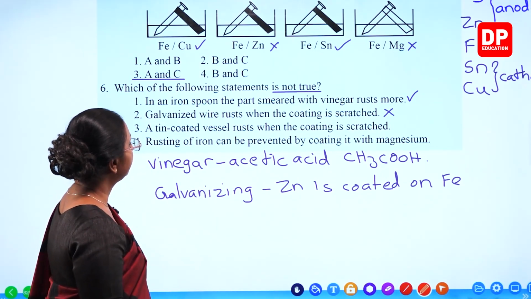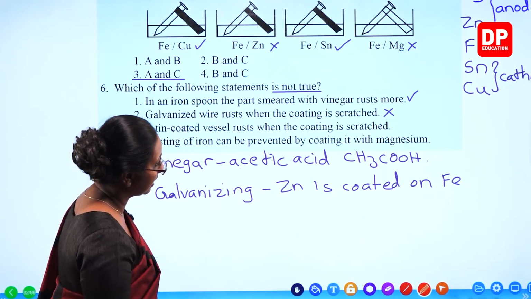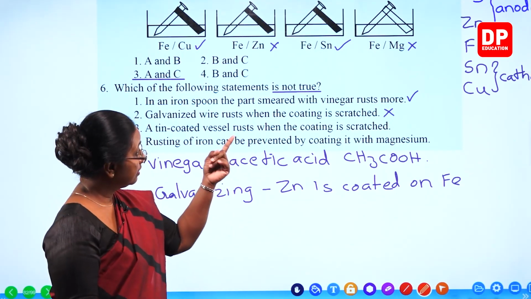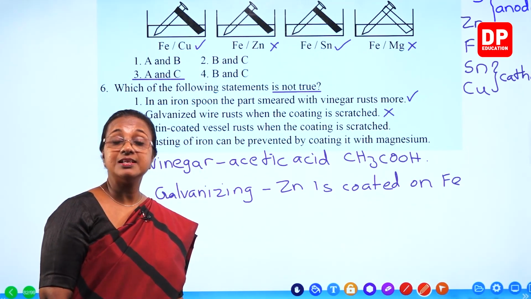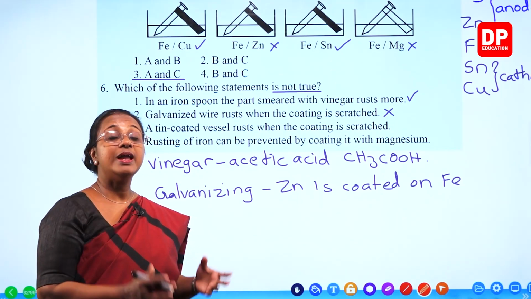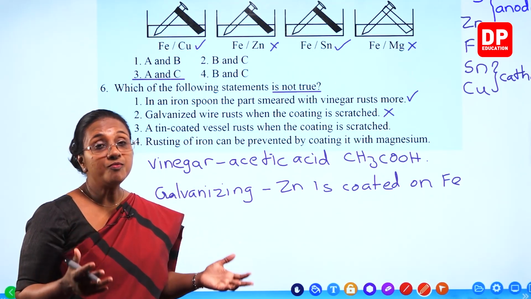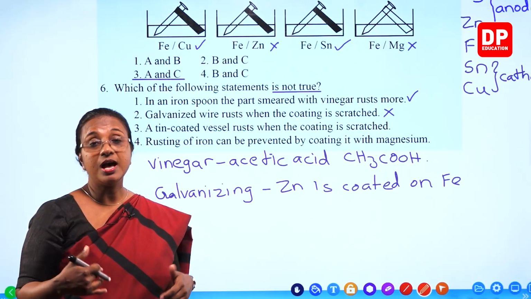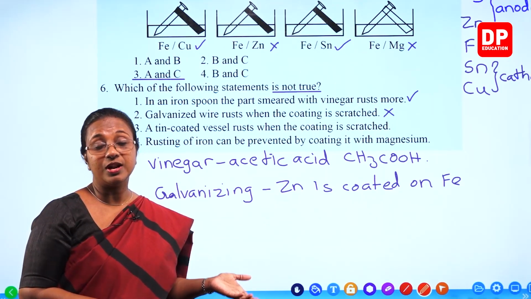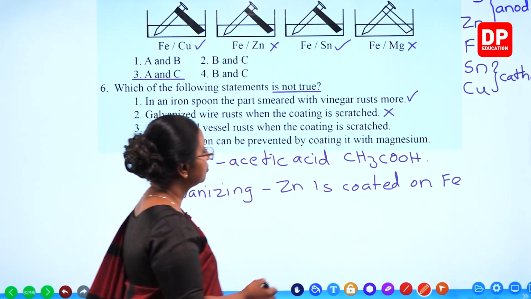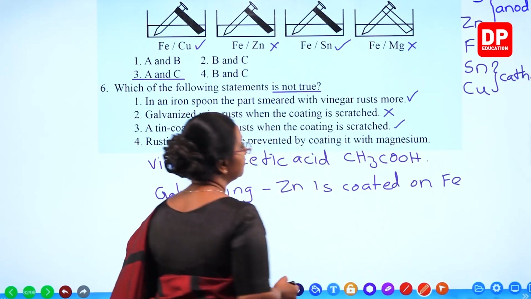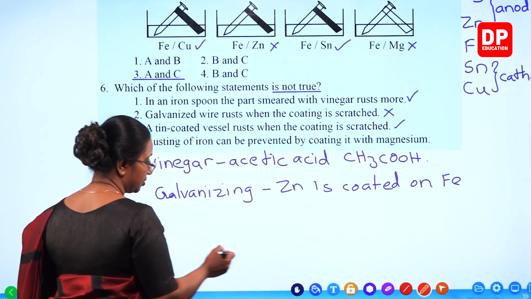A tin coated vessel rusts when the coating is scratched. That is correct. There you can see tin is less reactive than iron. So when the coating is scratched, obviously tin acts as the cathode, iron acts as the anode, undergoing rusting. So that is correct. I explained this to you all before also.